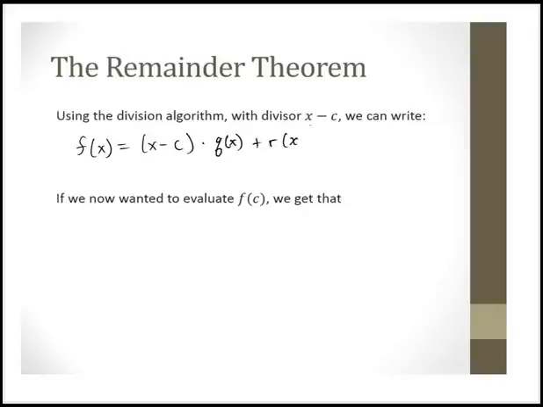Now, if we wanted to evaluate f of c, f of c would be c minus c times q of c plus r.